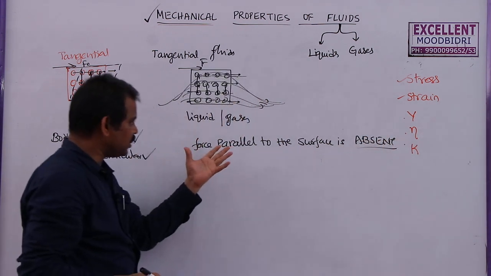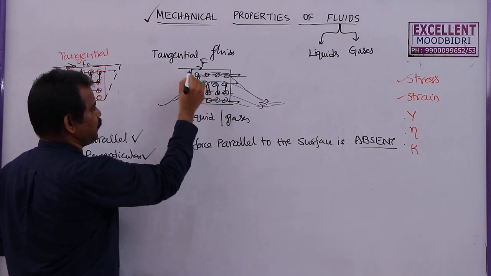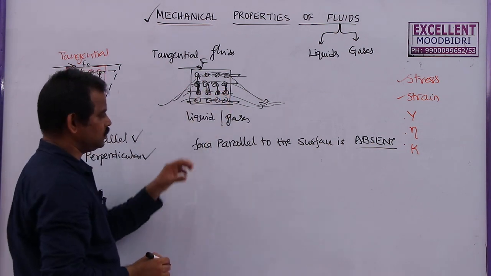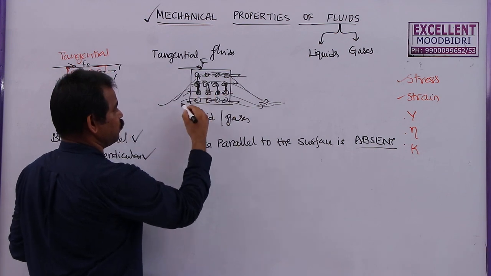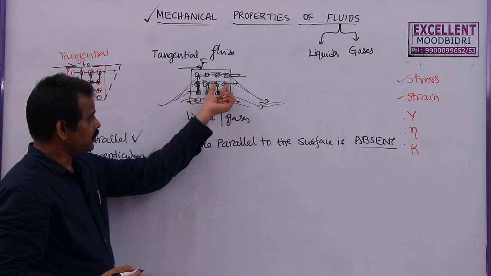So when this force is absent, generally what happens? These two will try to attract each other perpendicular to the surface, but these two will not attract each other. This will try to move in this direction, this may move in this direction or in another direction, because there is no force of attraction between these two.